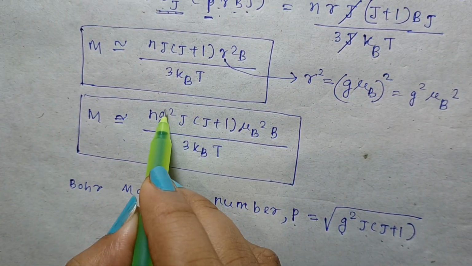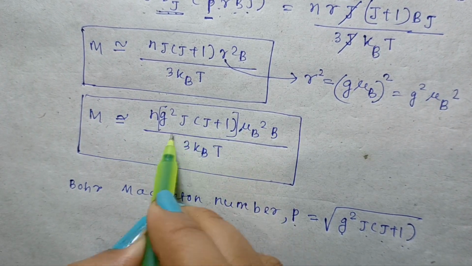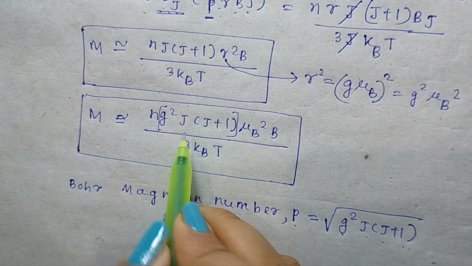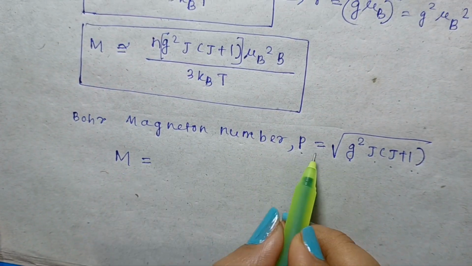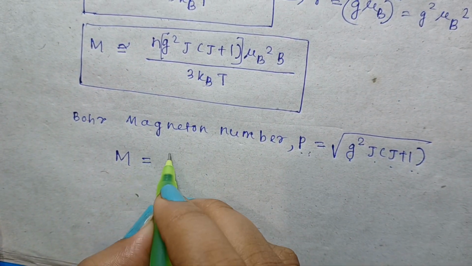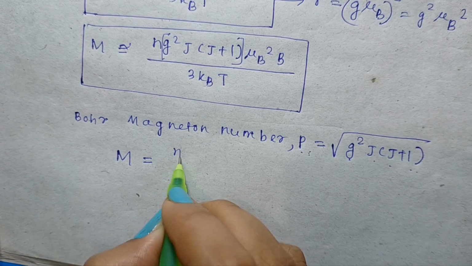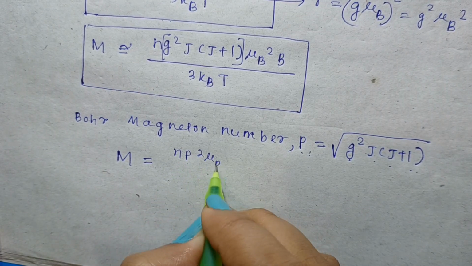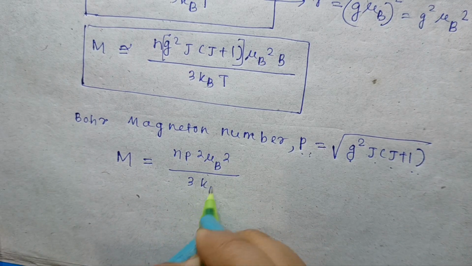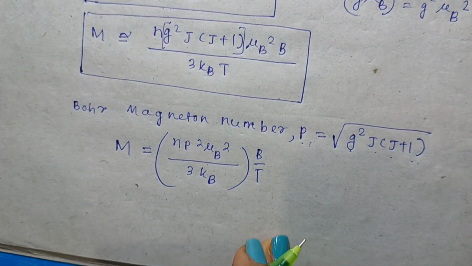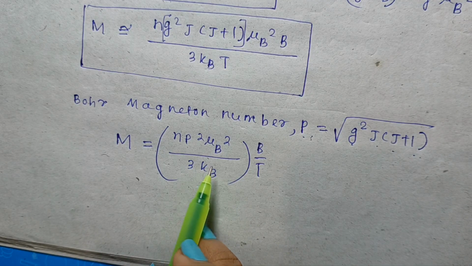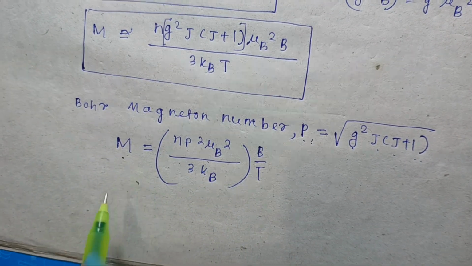So instead of this, I can simply put P squared, right? So what is the expression of magnetization now after putting this value? It will be N P² μB² B divided by 3 kB T. Fine. So this is the expression of magnetization.